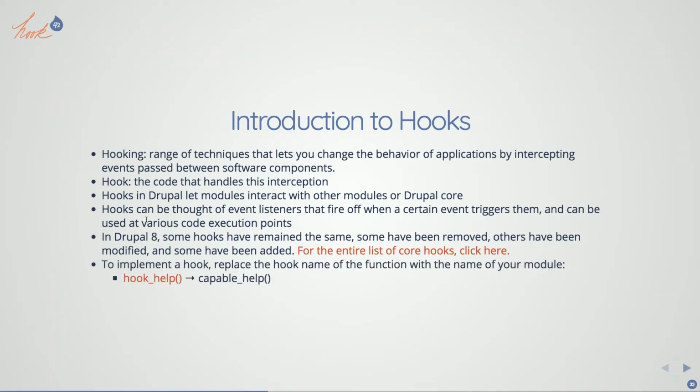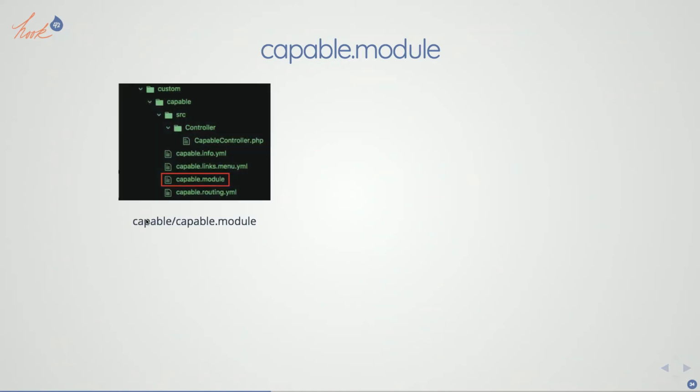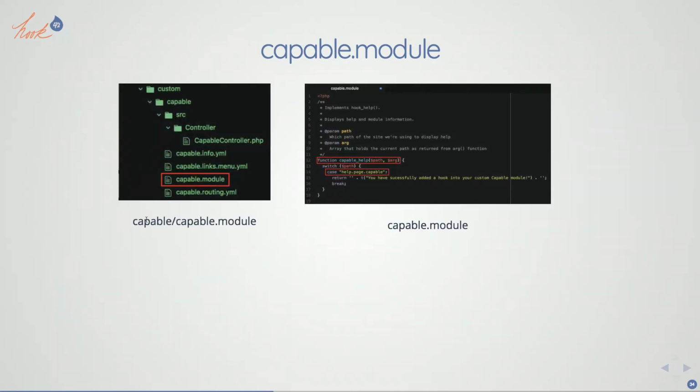And to implement a hook, you need to replace the hook name of the function with the name of your module. So this is a simple one. For hook_help, you would just change it to capable_help. So the hooks live in the capable.module file. And this also lives in your root, and I hope you guys can see that.